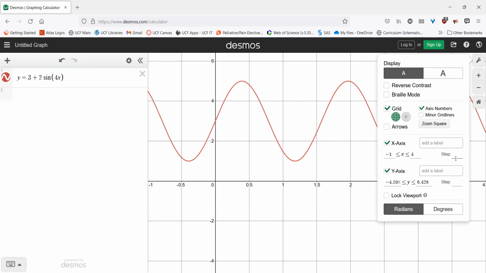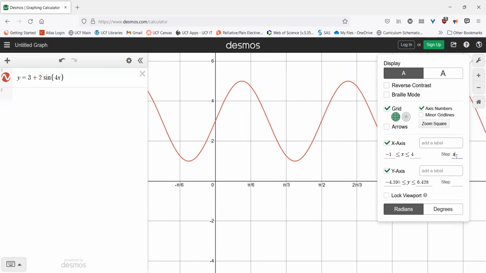The step, I'm usually going to be in some sort of increments of pi. I'm just going to type in pi, and it changes to the symbol automatically, which is great. And then from here, you can change the increment if you want to, or you can just leave it at pi because you're going to be able to click on the points that you need.